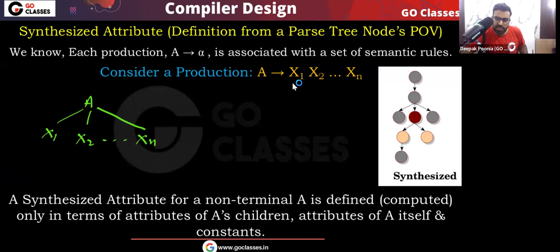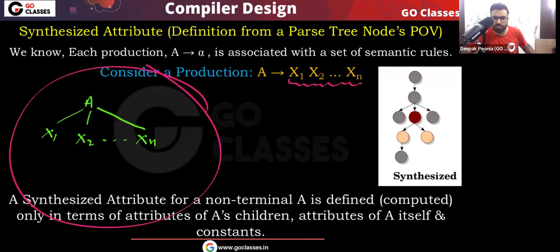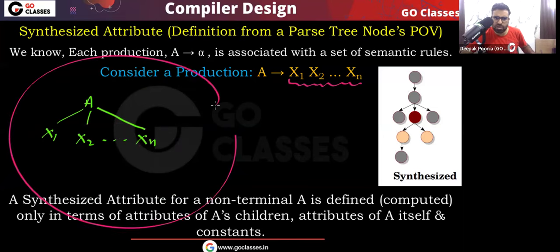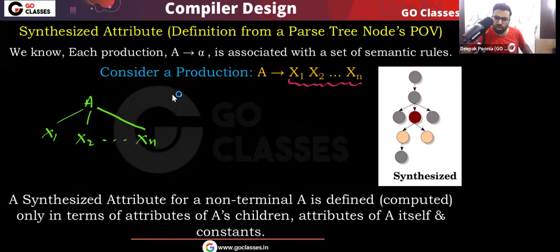Now you can notice that this RHS, which is the body, has now become the children of A. If you use the tree terminology, then you can see that x1 to xn are now the children of A. So far we were calling A the head in this production, but now I can also call it the parent. From the x1 to xn point of view, this A is the parent.